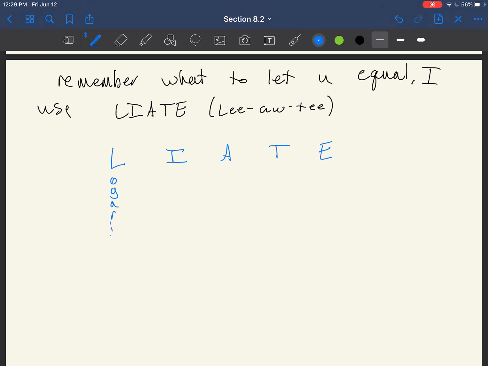L stands for logarithms. I stands for inverse trig. A stands for algebraic, as in x squared, x cubed, square root of x, etc. T stands for trig, and E stands for exponential, as in e to the x, a to the x, etc.